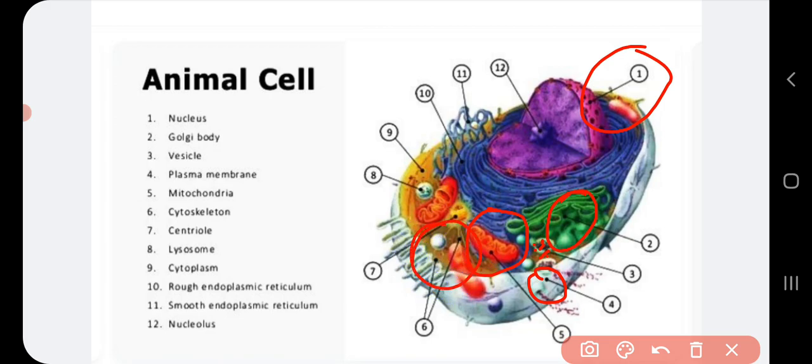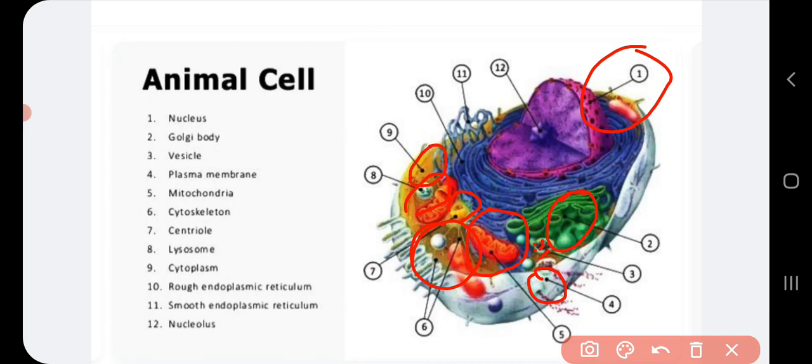You do not have to learn these points now. The lysosomes are these yellow ones, the 8th, and the 9th is the cytoplasm.